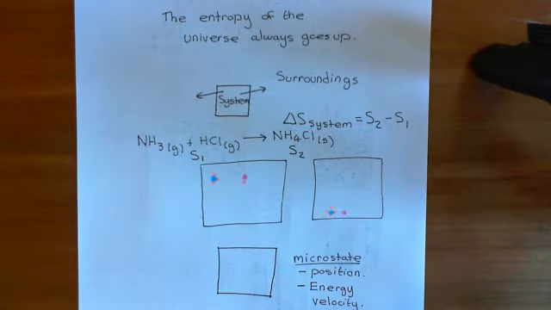Because when you give energy out into the surroundings, the energy can now be ascribed to particles, and therefore the total number of microstates that you can have is far greater, because if you've got more energy, then you've got more possible different ways that you can ascribe the energy. So if you give out more energy, then the total number of ways of ascribing energy to different particles is going to be greater, because you've got more energy to ascribe.